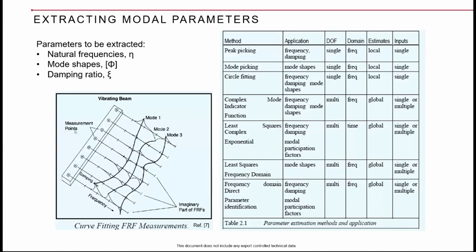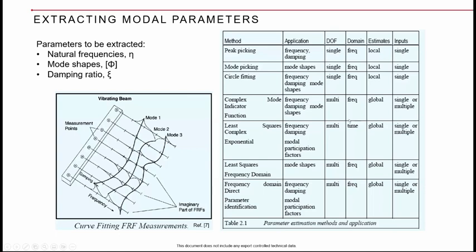So if you see here, you have single inputs and multiple inputs. All multiple inputs generally go under global. So global and local, when I say, it is nothing but dealing with the natural frequency in the vicinity of the natural frequency and the response FRF locally to that particular point. Based on that, the parameters will be extracted.